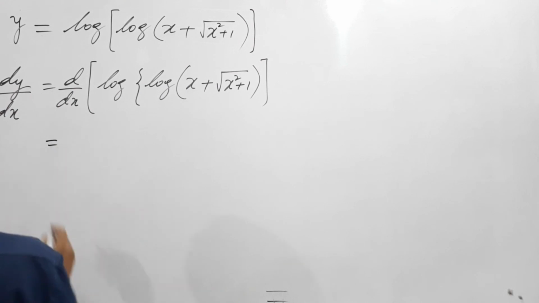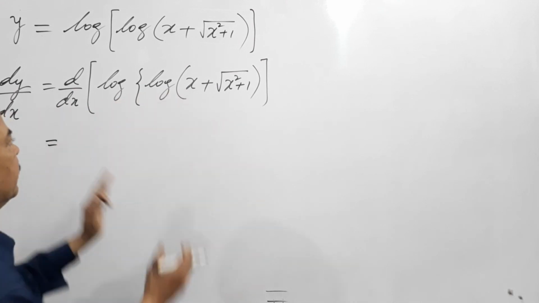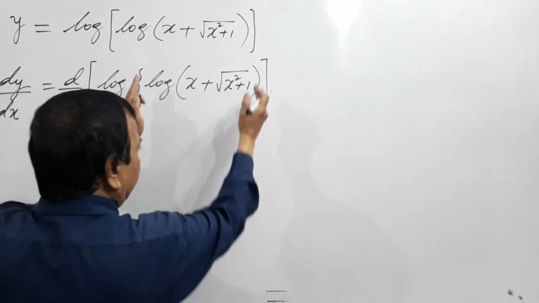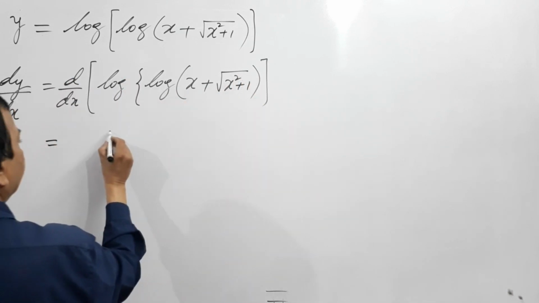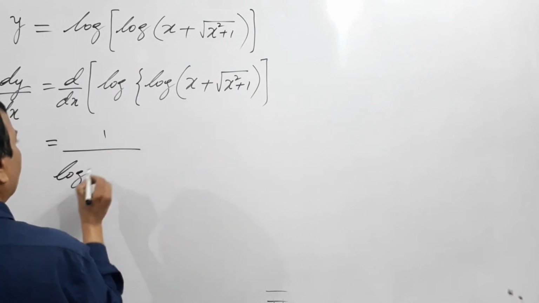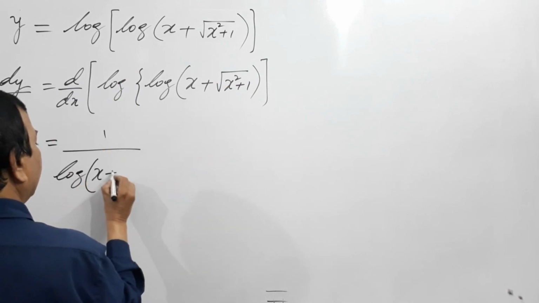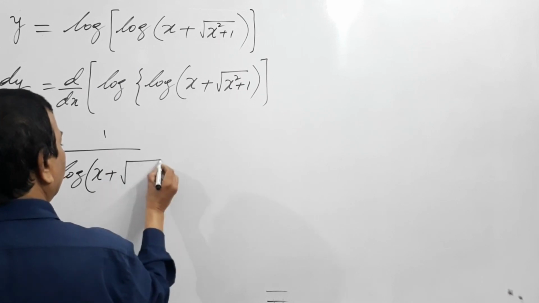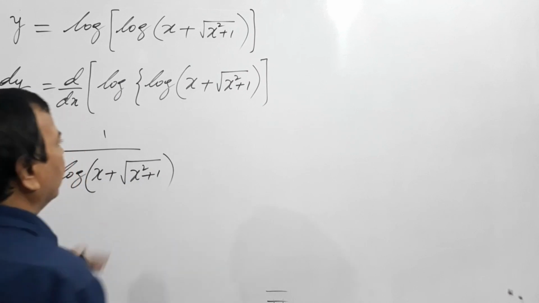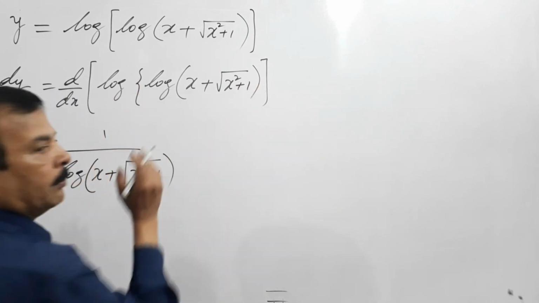First we are taking this and differentiating. Before this log and after this log, whatever is there, bring it as it is. So this becomes 1 by log of x plus under the root x square plus 1. This entire portion as it is, you bring it down.